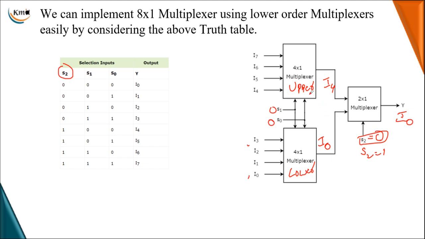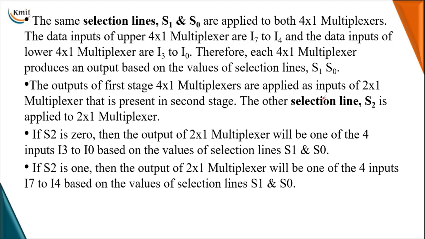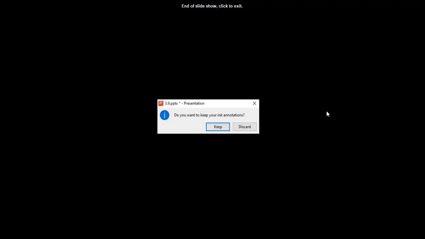Like this, using two 4 by 1 multiplexers along with one 2 by 1 multiplexer, we can implement the 8 by 1 multiplexer. So like this, we design higher order multiplexers using low order multiplexers. Thank you.